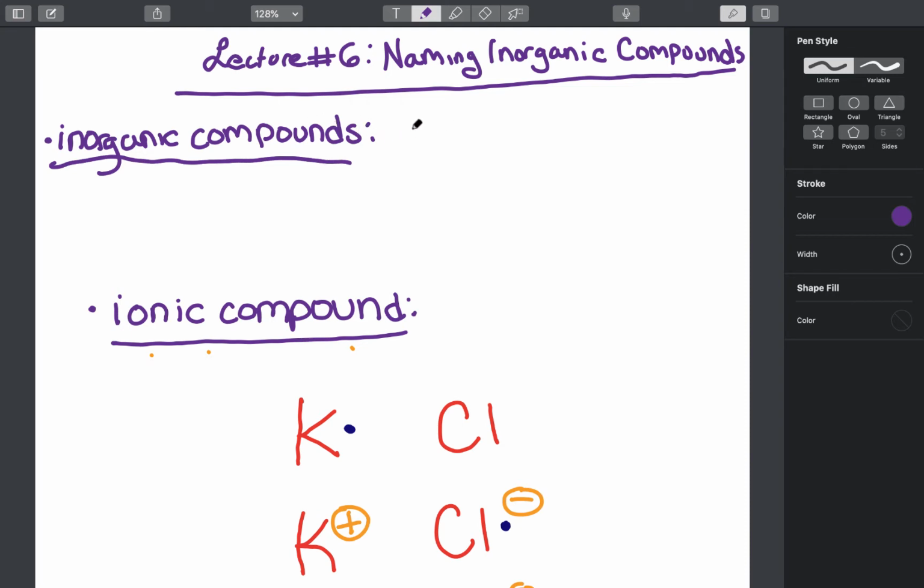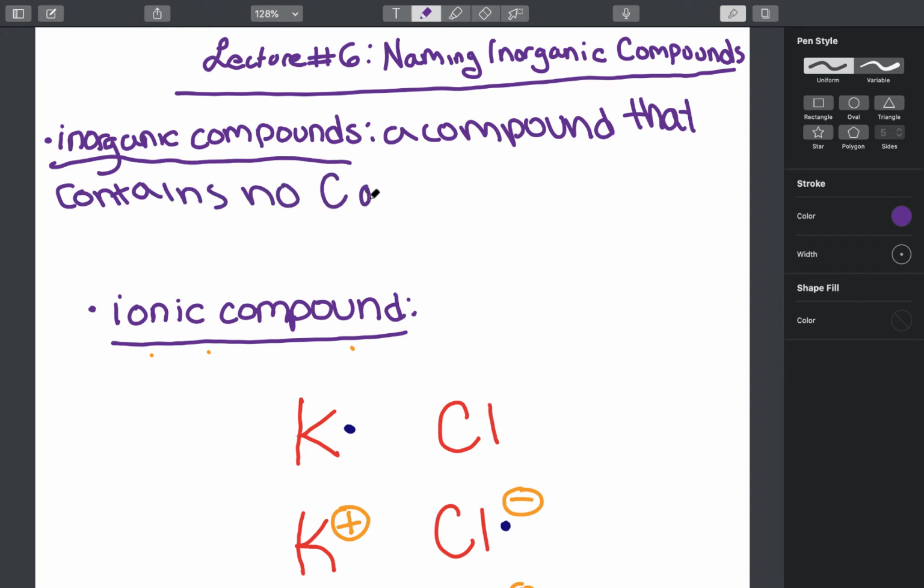So what is an inorganic compound? An inorganic compound is a compound that contains no carbon and no hydrogen.